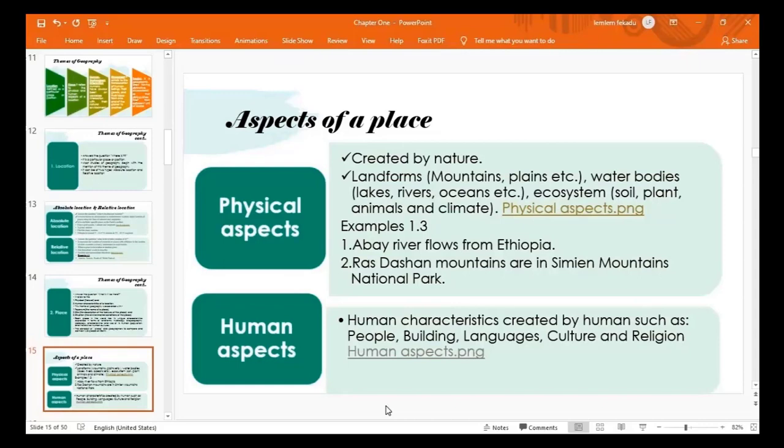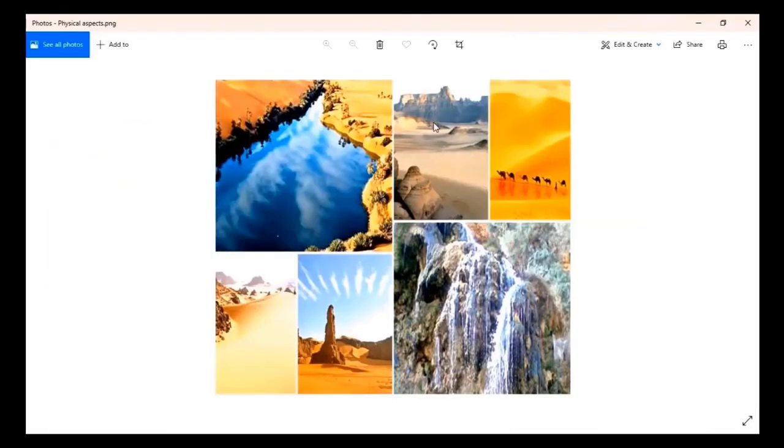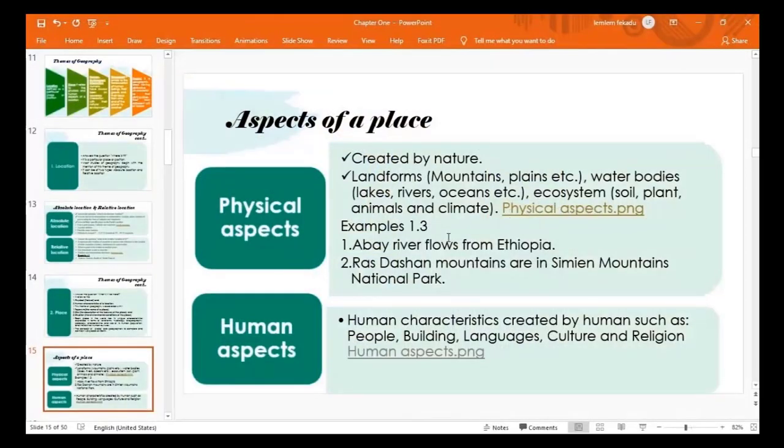The physical aspects are natural features created by nature, for instance landforms, water bodies, and ecosystems. These are the natural or physical aspects of a place.